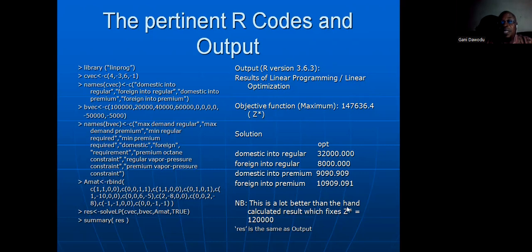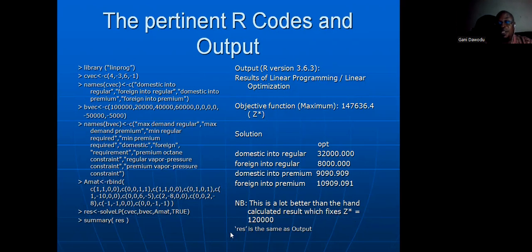Now, this is a lot better than the hand calculated result. Why? Because there are lots of inexact approximations and stuff like that, and that could affect the overall result.